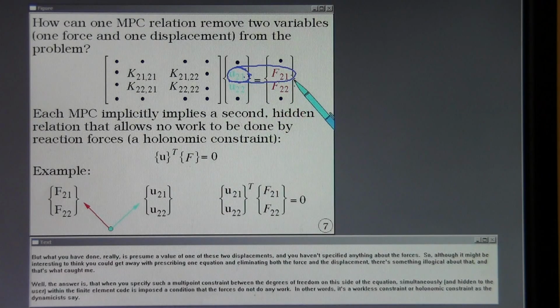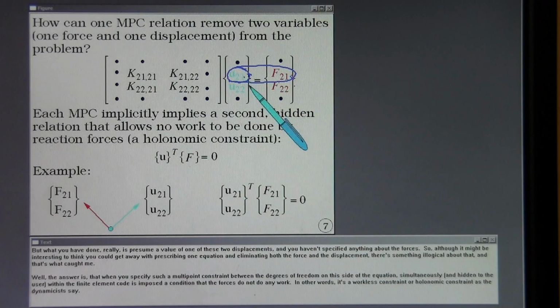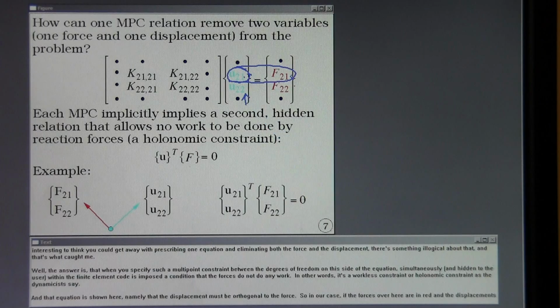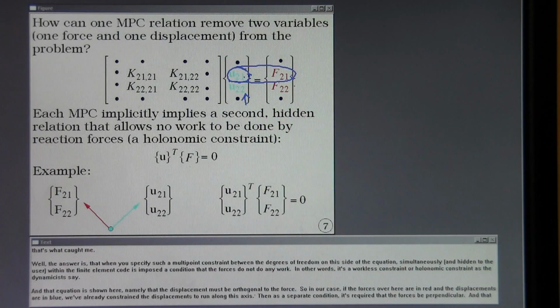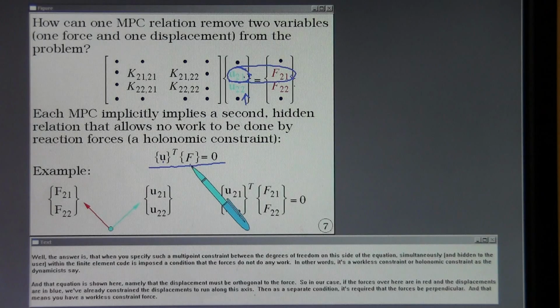Well, the answer is that when you specify such a multipoint constraint between the degrees of freedom on this side of the equation, simultaneously and hidden to the user, within the finite element code is imposed a condition that the forces do not do any work. In other words, it's a workless constraint, or a holonomic constraint, as the dynamicists say. And that equation is shown here, namely that the displacement must be orthogonal to the force.